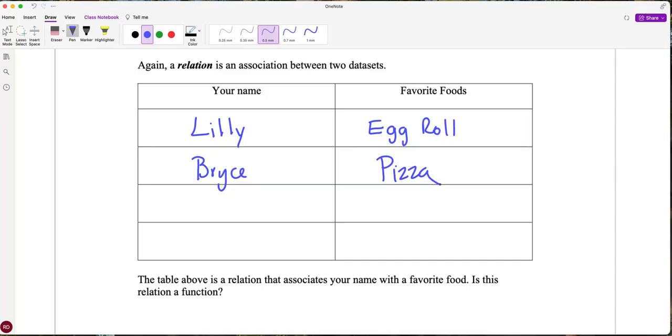What is it? Chicken. Okay. So Caleb. Stella, 2 favorite foods. Okay.